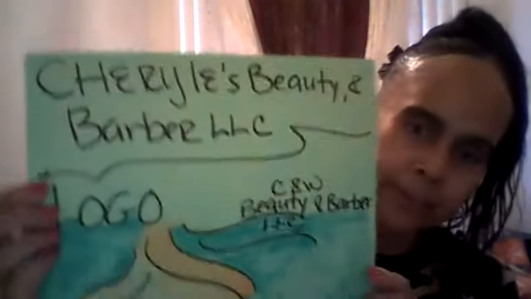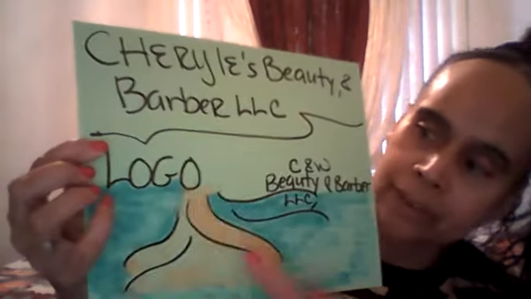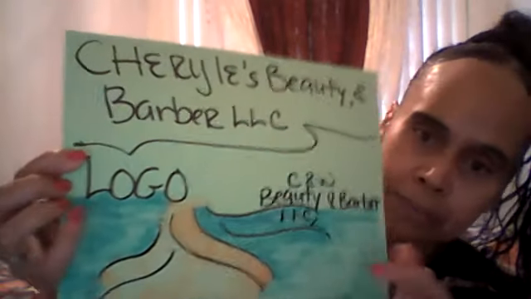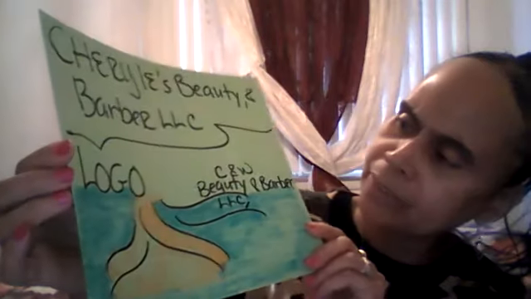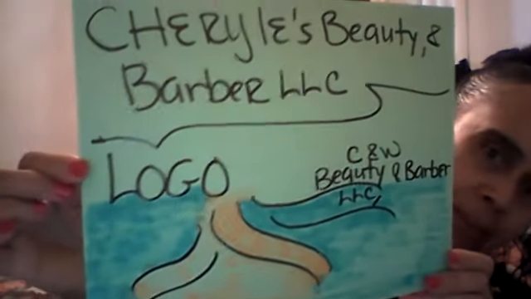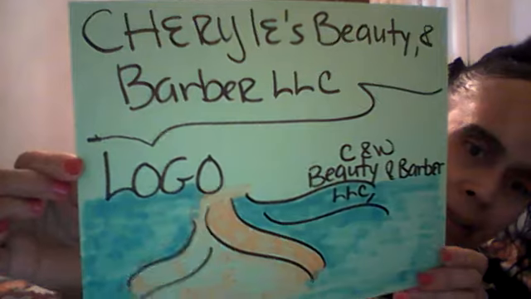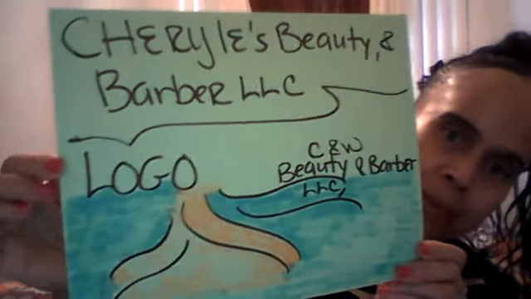This is Cheryl's Beauty and Barber LLC, and this is just a logo that I made up, that I drew. It says C and W Beauty and Barber LLC. So this is just like a make-believe company, just like when I'm doing my accounting equation.